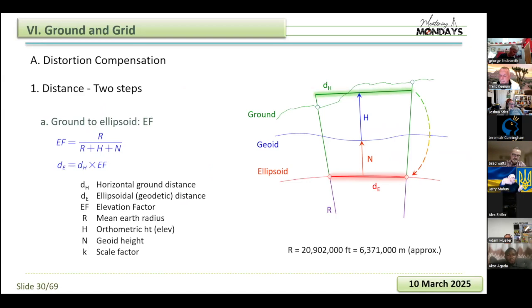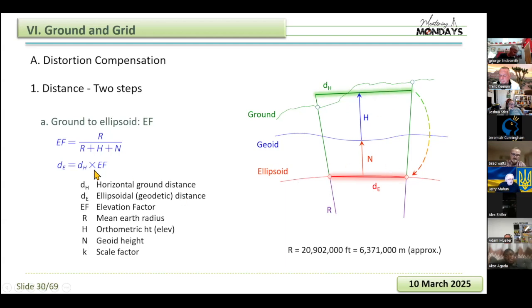And the way we do that is through those heights. Remember that height relationship between the Earth, the ellipsoid, and the geoid and all that? Basically, we go from the ground, our horizontal distance measurement at the ground, down through our orthometric height and our geoid height to get to the ellipsoid. So we go from ground to geodetic.